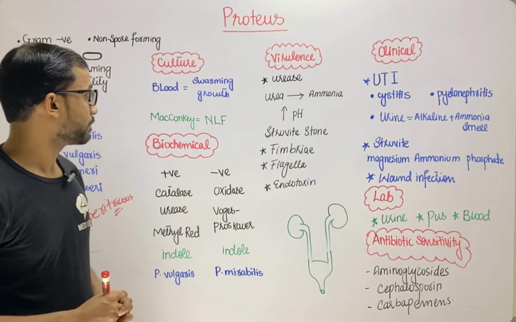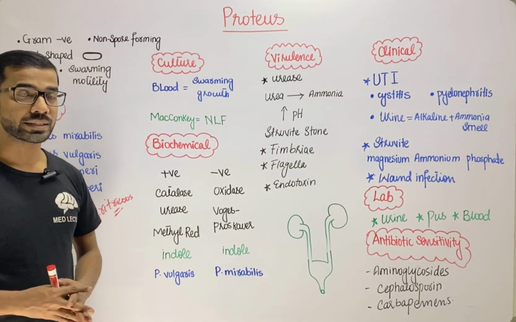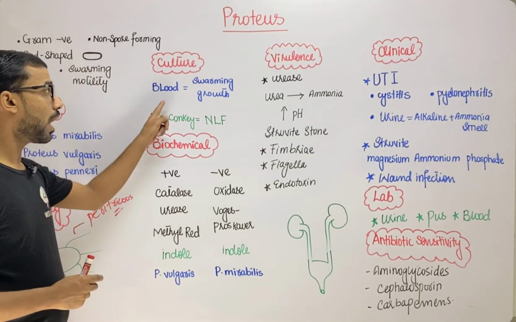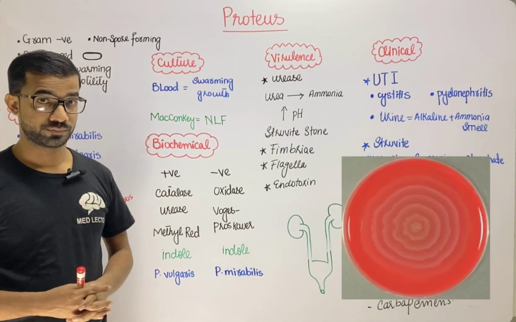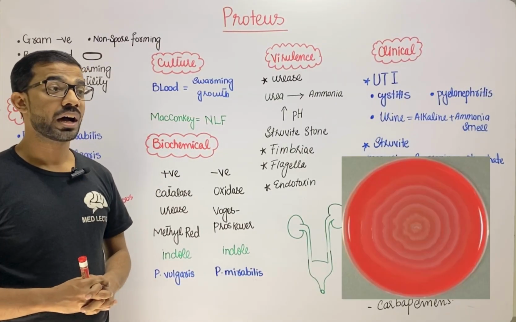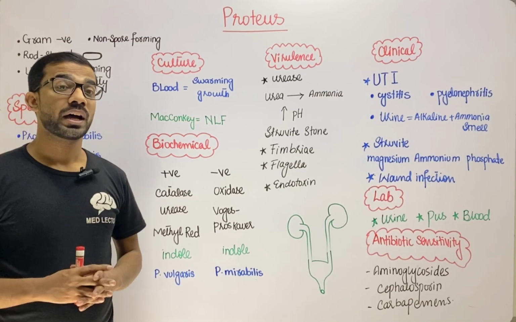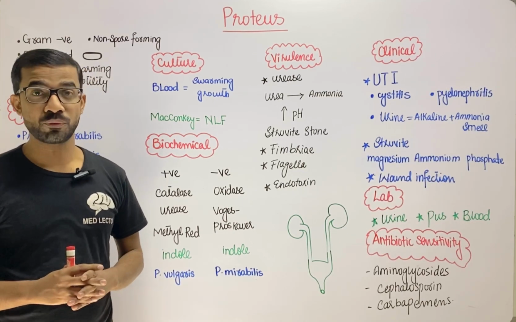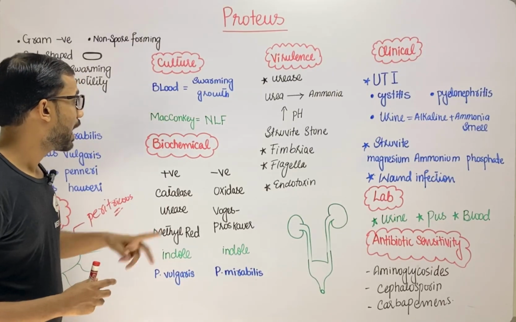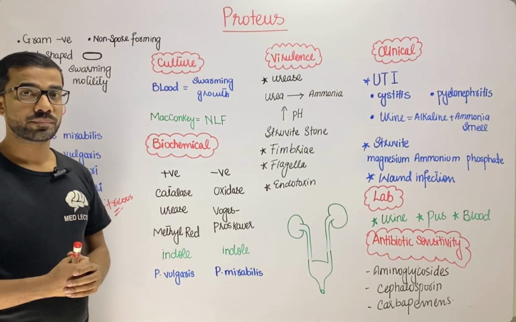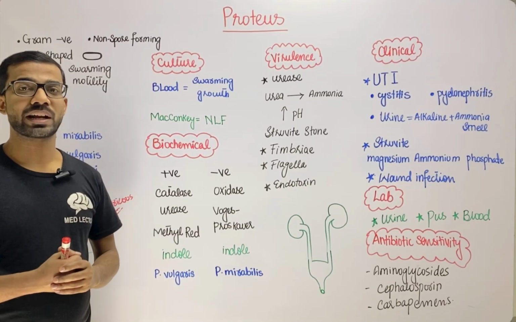Next, we will see culture properties. As we have already discussed, on the blood agar, it shows the swarming effect. That is the most important thing which helps in the diagnosis of Proteus in the laboratory. On the MacConkey agar, you will see NLF, non-lactose fermenter.